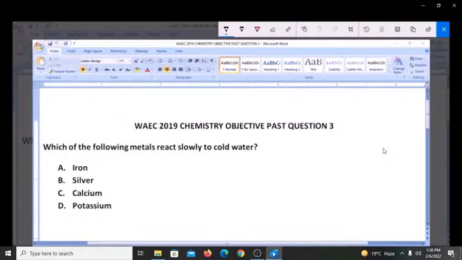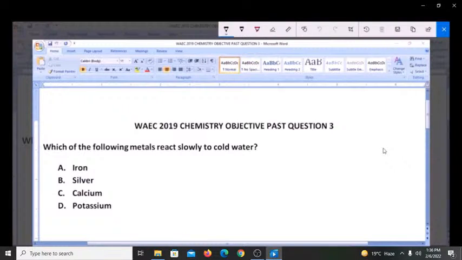Now, the way metals react on exposure to cold water is a very important aspect of chemistry, and it's important to note which metals react with cold water and the manner in which they react. Do they react violently, or do they react slowly and much less violently than the other elements?